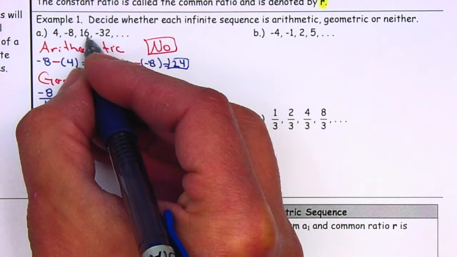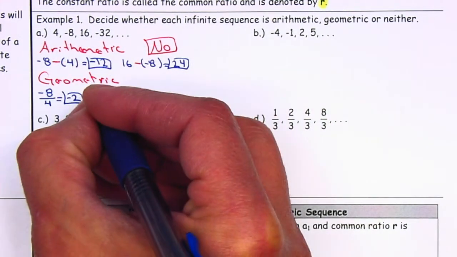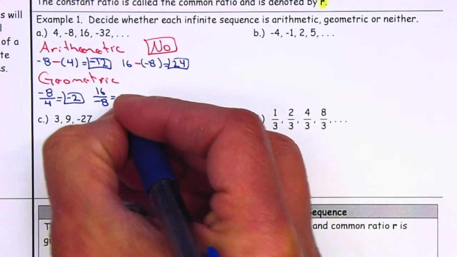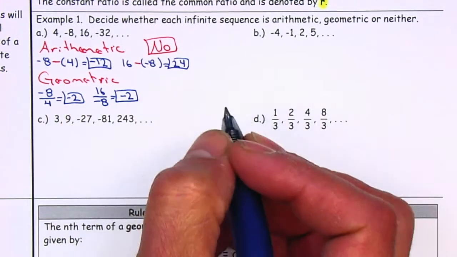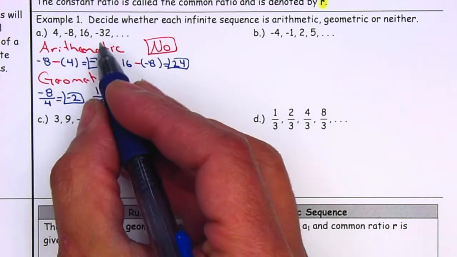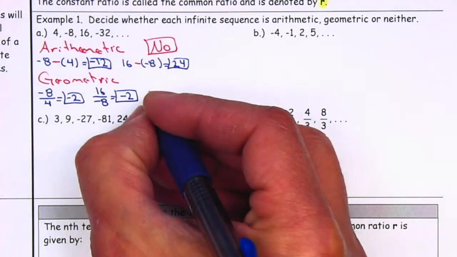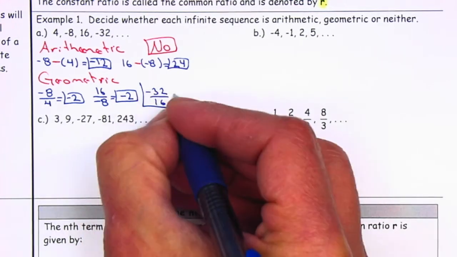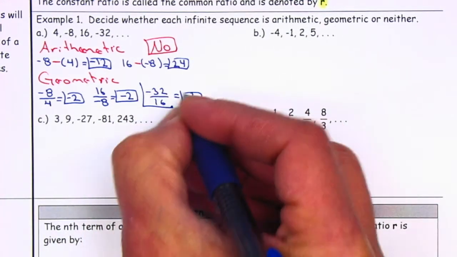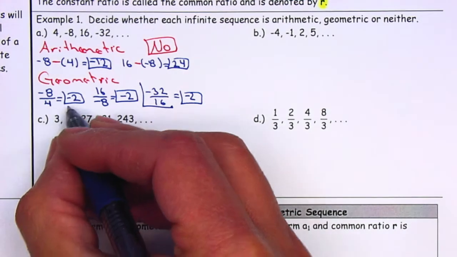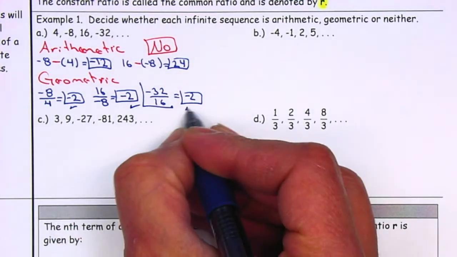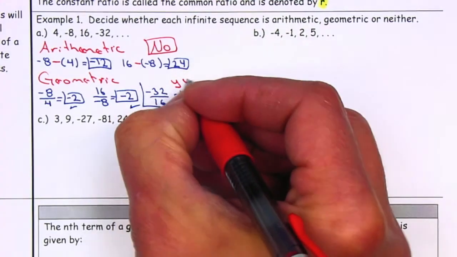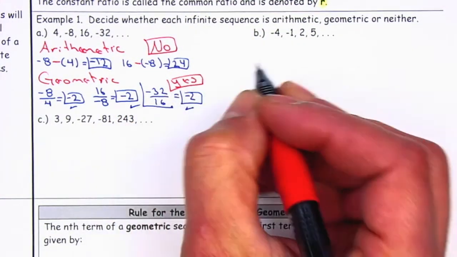Then we're going to take the third number divided by the second number, 16 divided by -8 is -2. Then we take the fourth number divided by the third number, so we have -32 divided by 16, and that'll give us -2 as well. So if you notice, the ratio is the same throughout, it's constant. So in this case, this sequence is geometric.